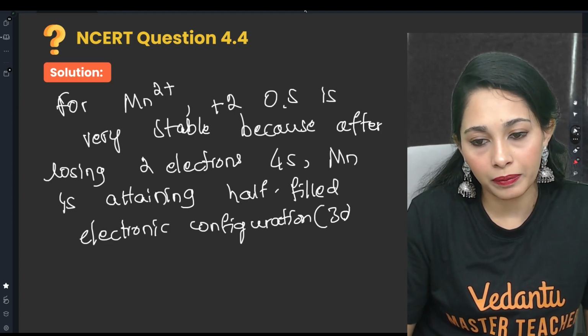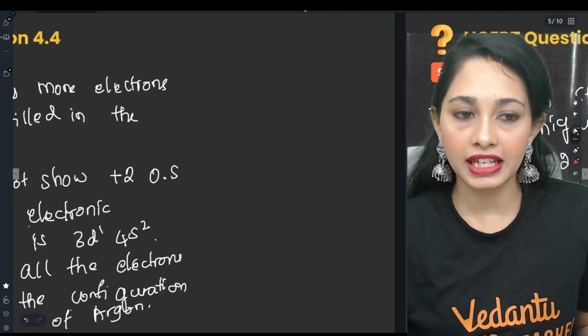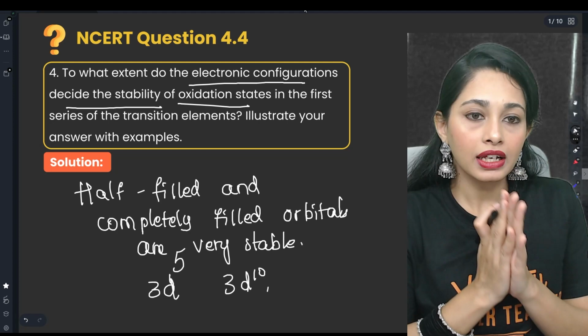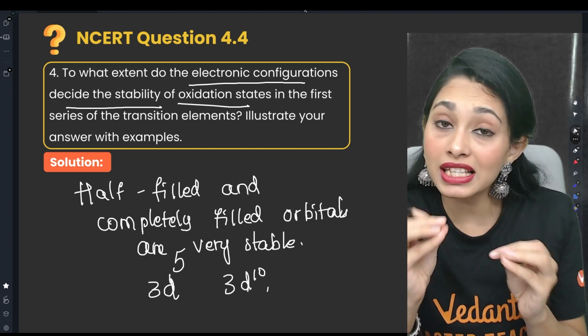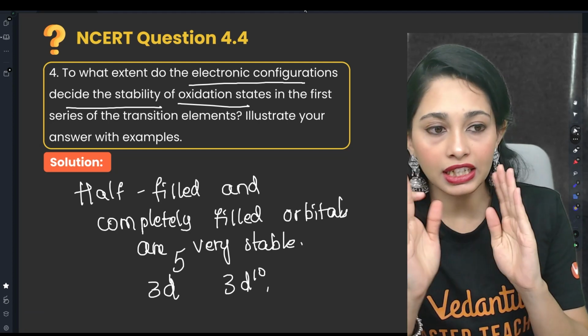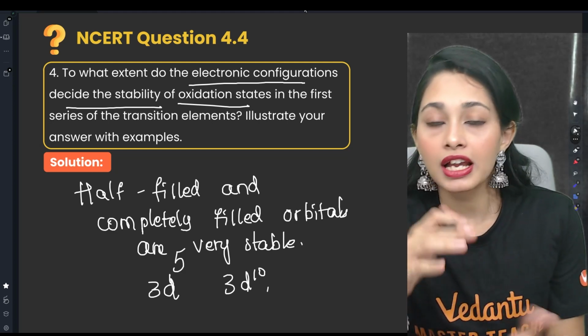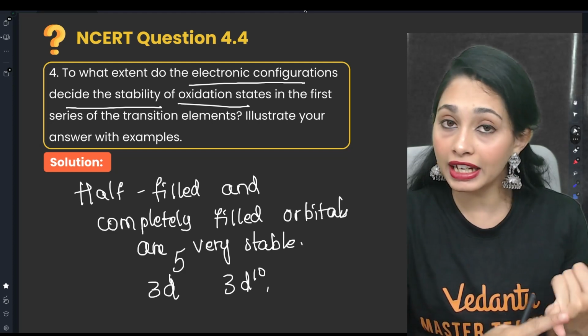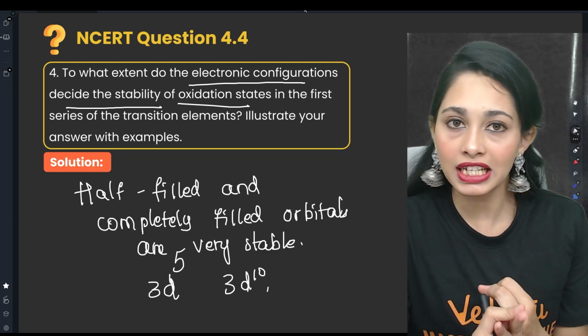So this is one of the examples. So what can we say? The electronic configuration decides the stability of oxidation states in the first series of the transition elements. We have taken the examples of scandium and manganese as well.